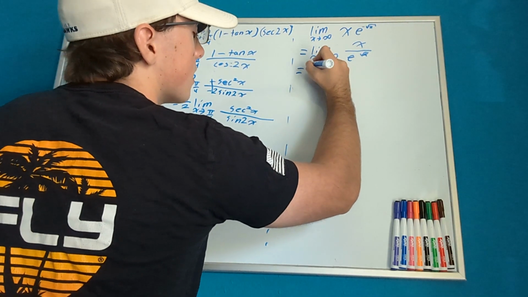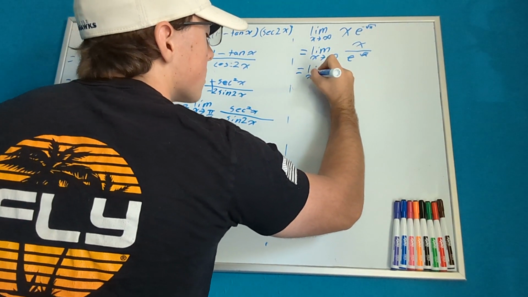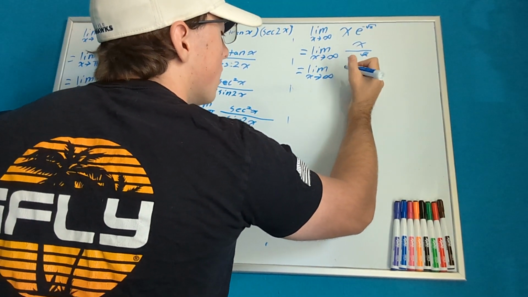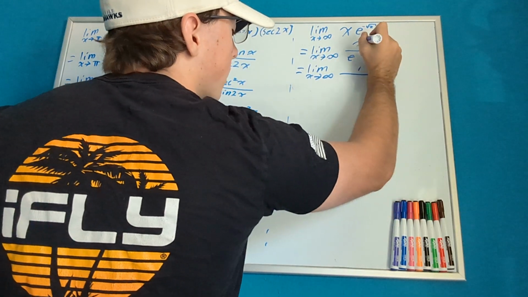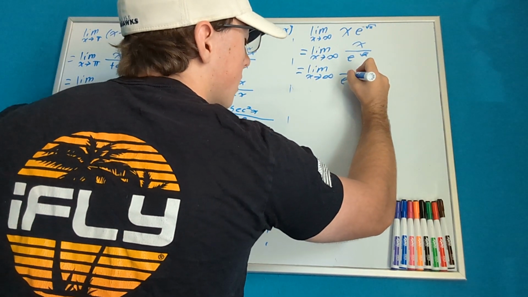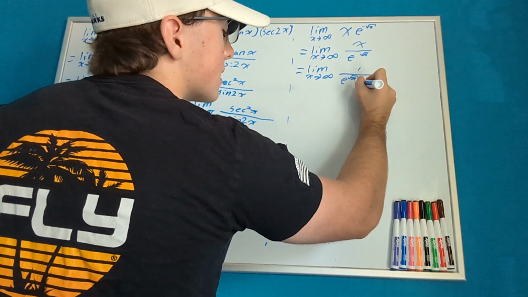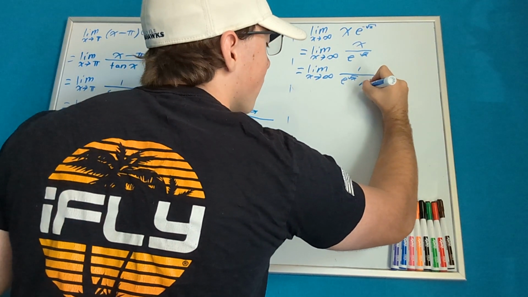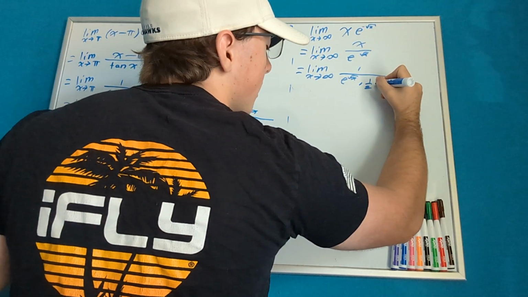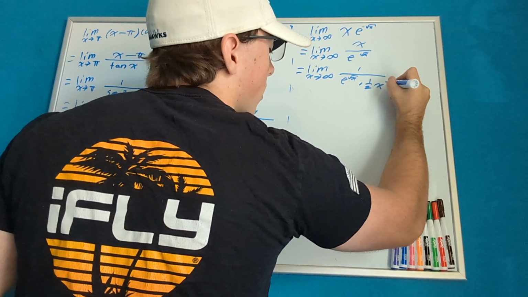So this equals the limit as x approaches infinity of, this will become 1, right? And then this will be e to the square root of x times 1/2, because we're taking the derivative of x to the negative 1/2, right?